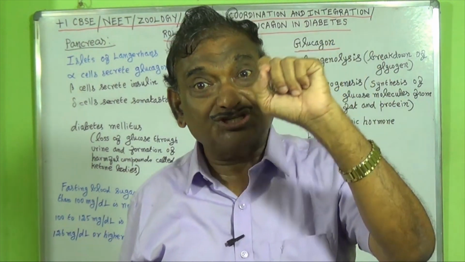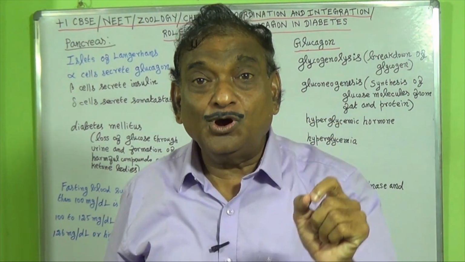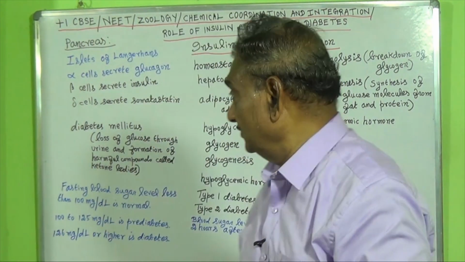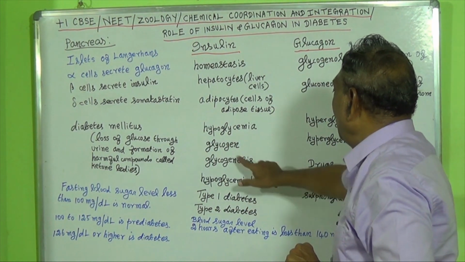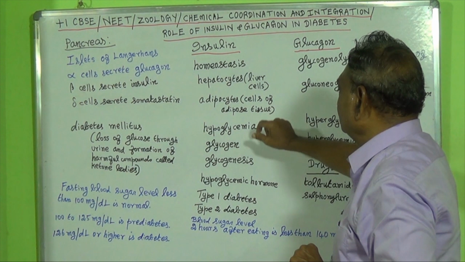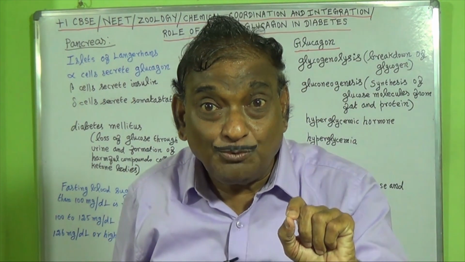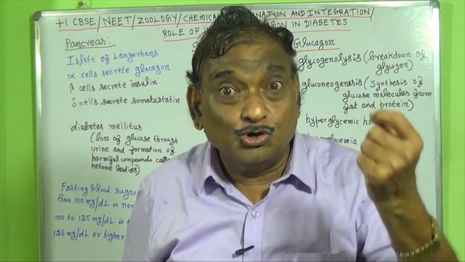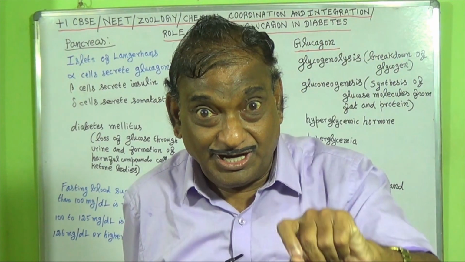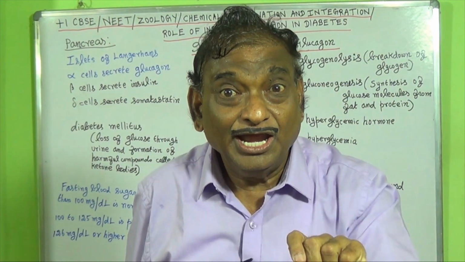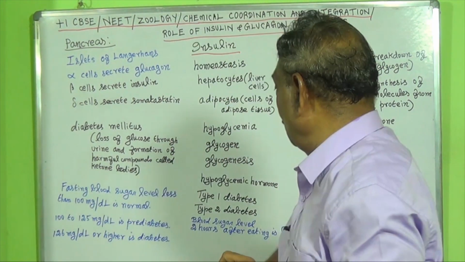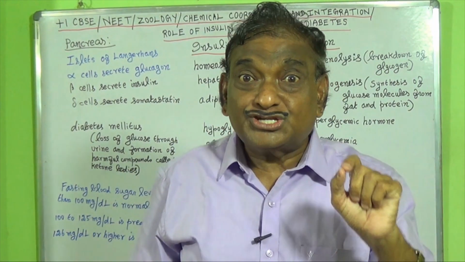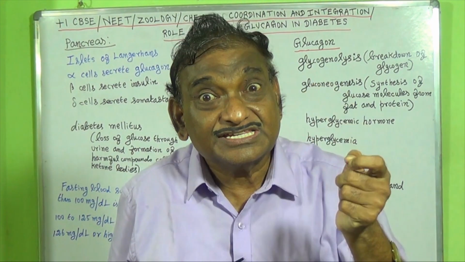This process is called hypoglycemia. The process of converting the glucose into glycogen is called glycogenesis.